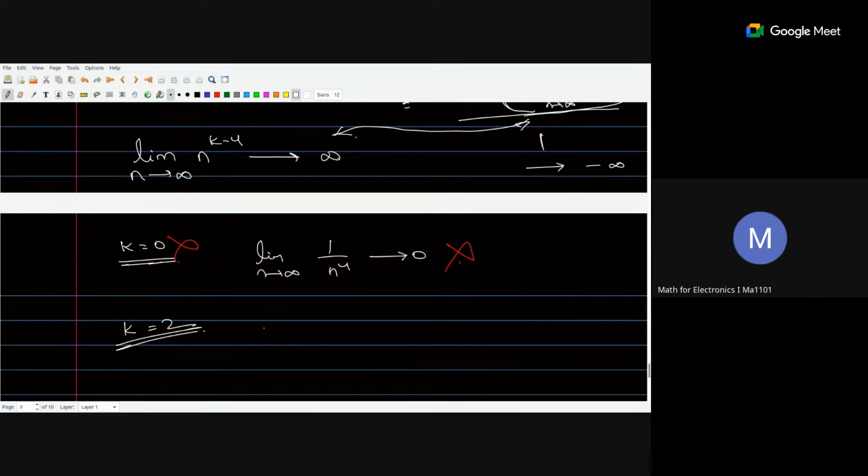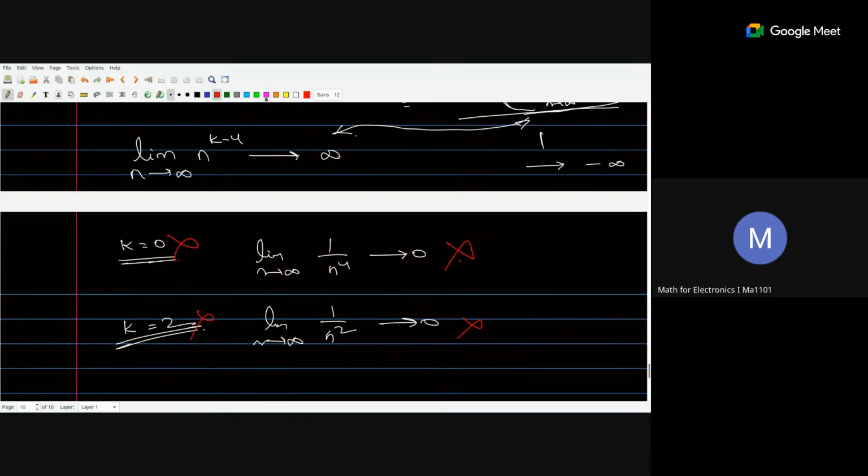When k is 2, I get n power minus 2, which is 1 by n square, and this goes to 0. So this is also not correct.